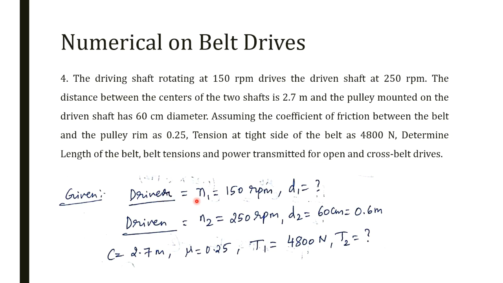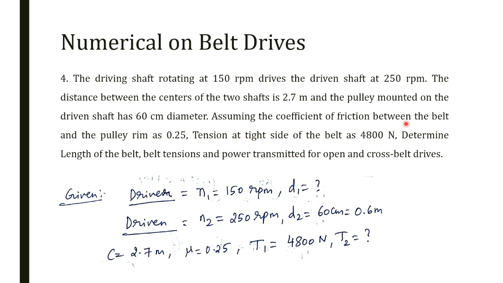So driver N1 is given to you, that is 150 rpm. The distance between the centers is 2.7 meter, that is C. And the pulley mounted on the driven shaft, D2, is 60 centimeter, which is equal to 0.6 meter. And then N2 of driven is 250 rpm.